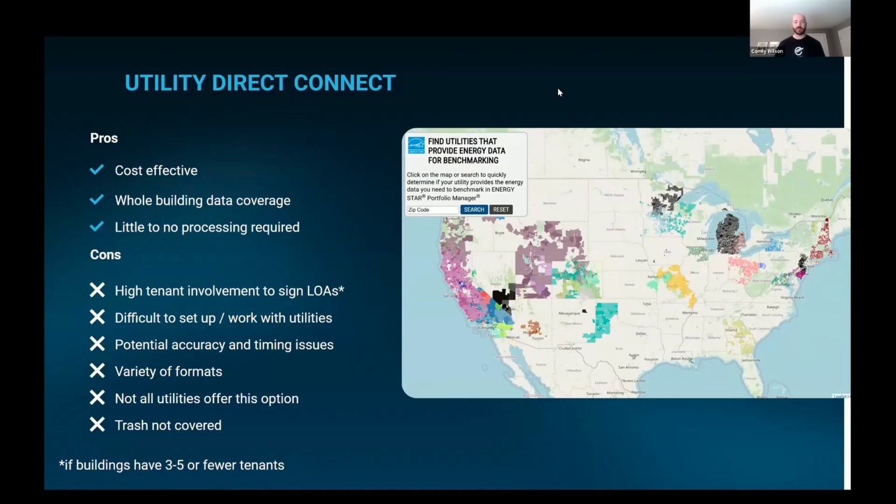There have been a lot of reports as well of accuracy issues. And the best way to understand this is from a utility's perspective. They think about their data in terms of meters. And so the concept of a building doesn't really exist in their database.